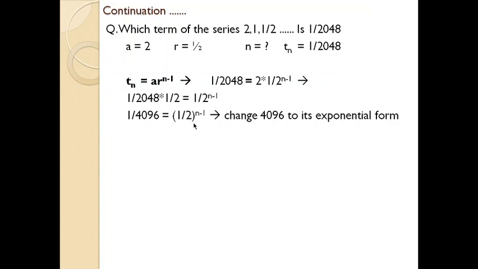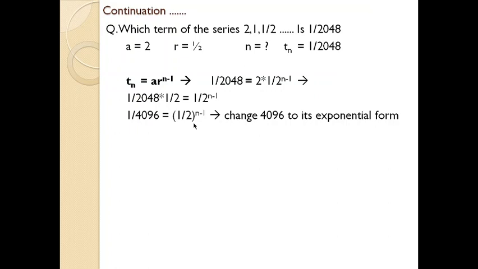Whenever you have to deal with geometric progression cases, remember from this point onwards, we are following a specific step that will be applicable in all similar cases of this type of question. So, once you arrive at 1 by 4096 equal to 1 by 2 raised to n minus 1, remember from this step onwards, it's a common procedure.